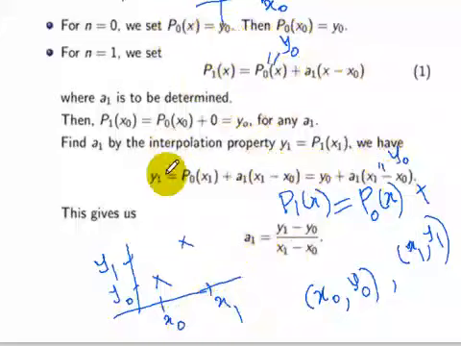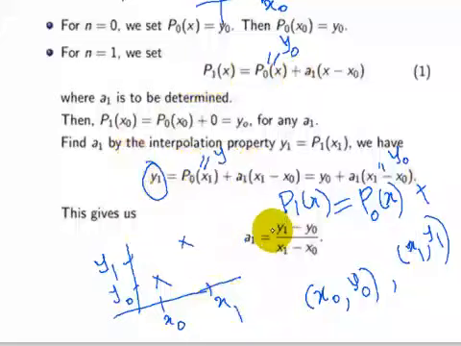We want to get y sub 1, right? We want to get this y sub 1. When you throw this value into the polynomial p1, we want to get y sub 1, and this will return y sub 0 here. This is the constant one, and we can find this constant, right?